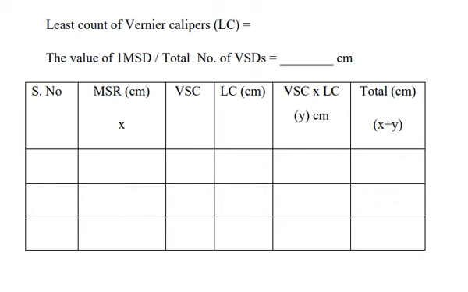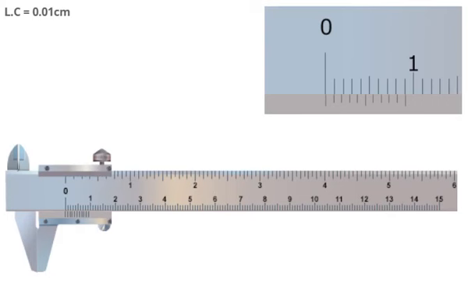Now let us see what is the value of each main scale division. You can see here on the main scale, between 0 and 1 there are 10 divisions. So each division is equal to 1 by 10 or 0.1 centimeters.